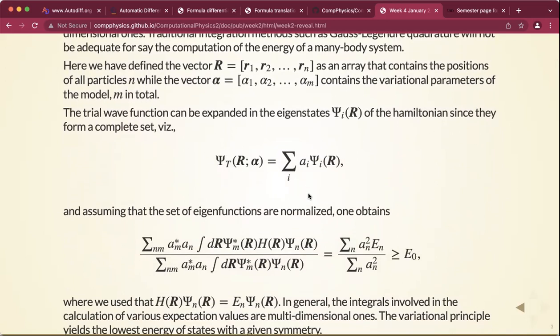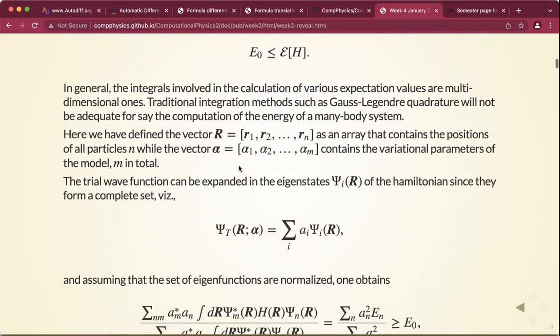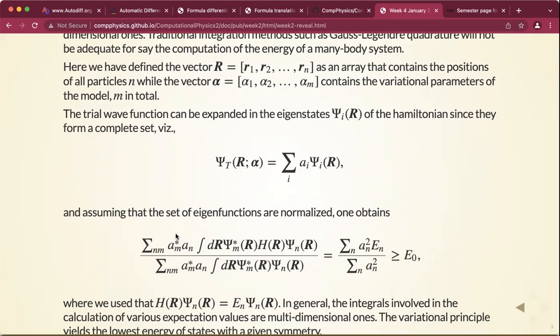And what happens then when you plug this back into this integral, which you have up here, is that you would get the coefficients in front in terms of the sum. And you would have the same for the denominator. And since these are the exact solutions, it means that when H acts on this state here, you get an eigenvalue, E_n.